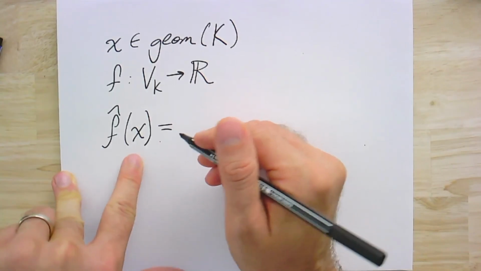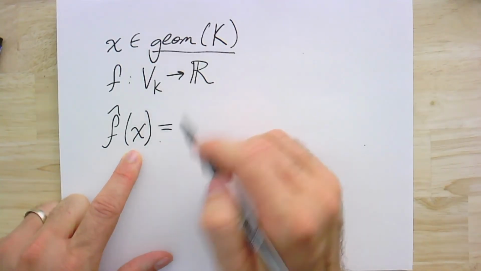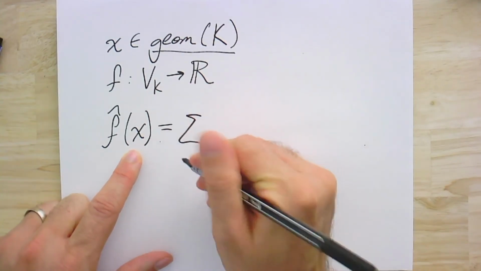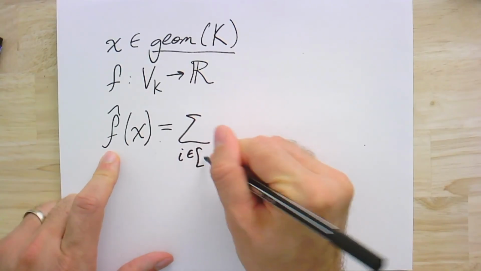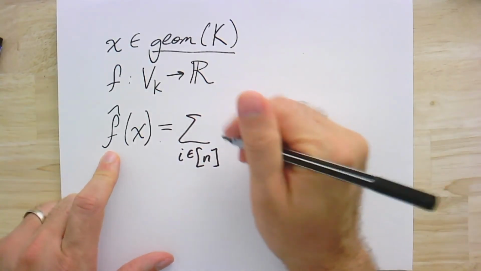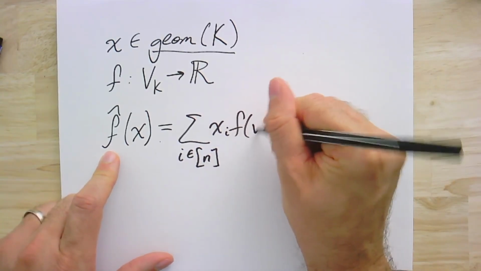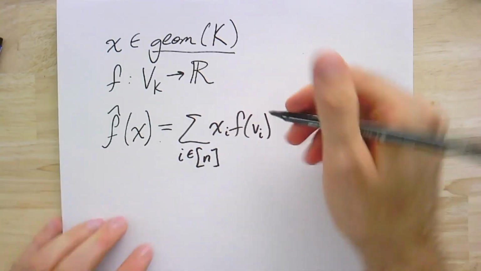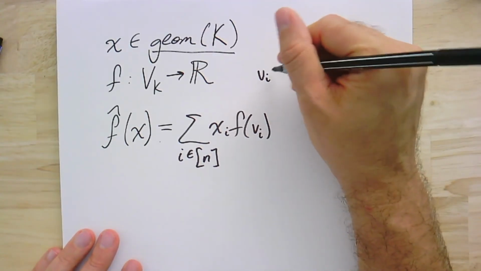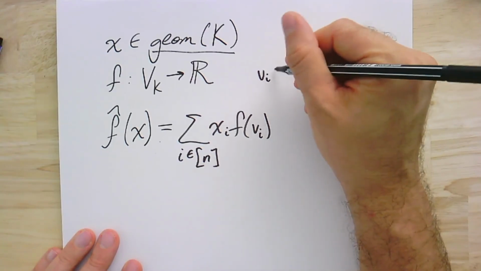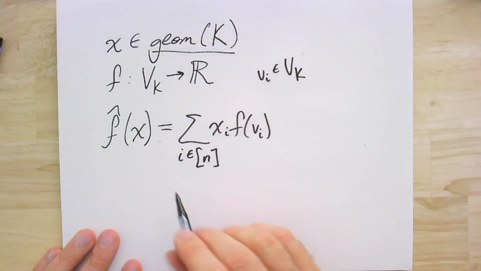So I just take any point x, again, in the geometric realization, and I'm going to define this interpolation to be the following. It's the sum over all indices in n of xi times the function value at vi. Okay, so again, vi is in vk. These are the vertices of vk.